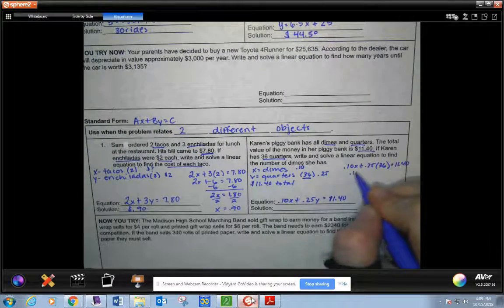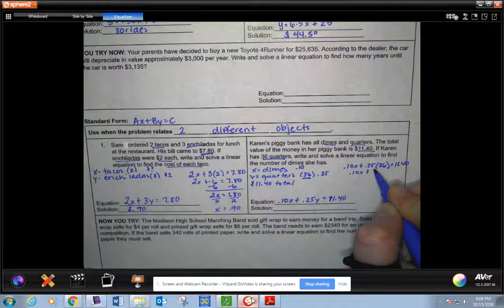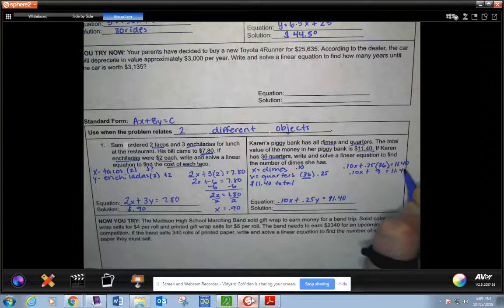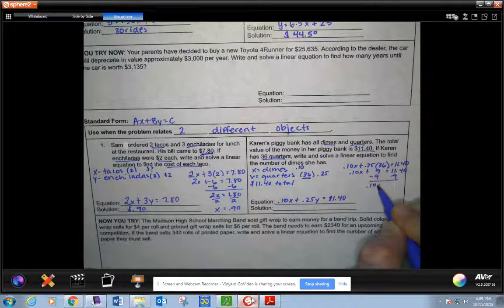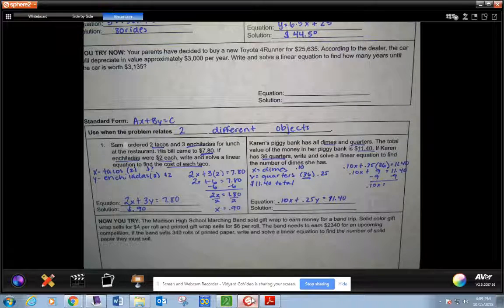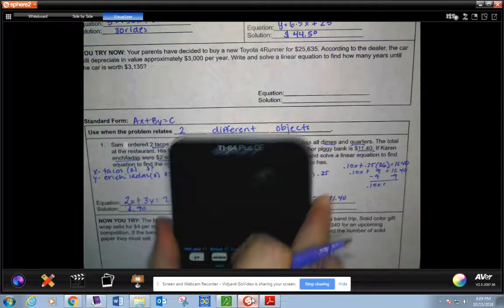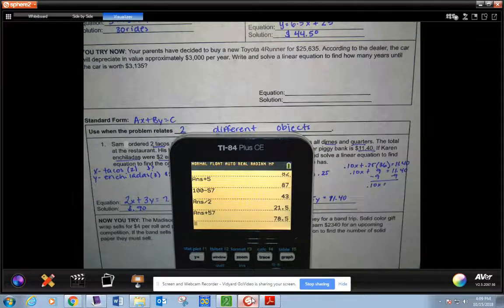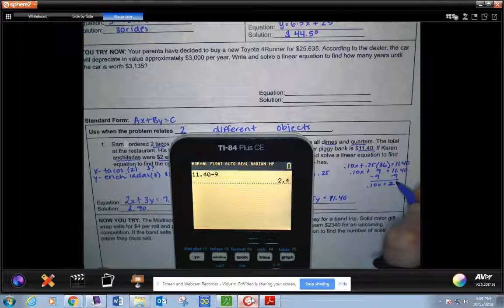Okay, so now I've got 0.10x. When I multiply 0.25 times 36, that's 9, and it equals 1140. Going to subtract 9. That gives me 0.10x equals, and you can use your calculator, 1140 minus 9, which gives you 240.